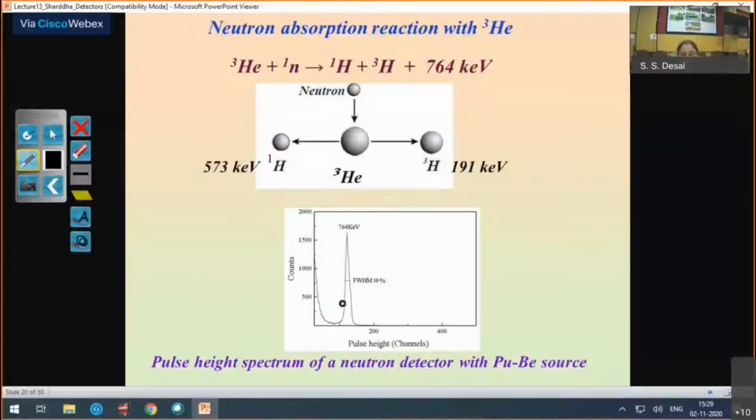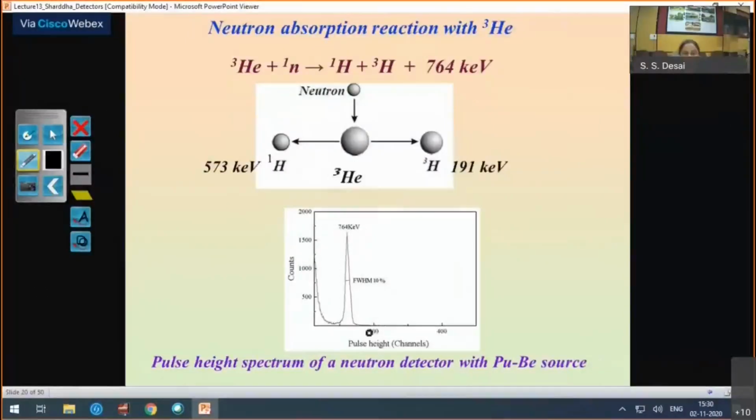So the total area under the pulse height spectrum shows only the number of neutrons detected. Indirectly it is a neutron counter and not an energy spectrometer.